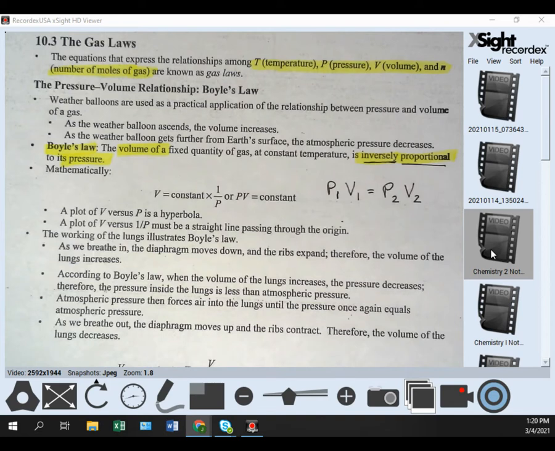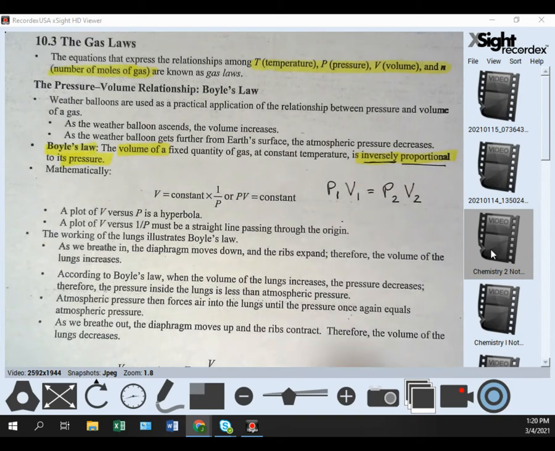I know some of you have dealt with inversely proportional in math. It basically means that whatever happens to one thing, the opposite happens to the other. So if one variable goes up, the other one goes down.